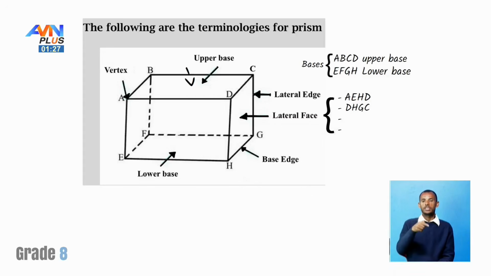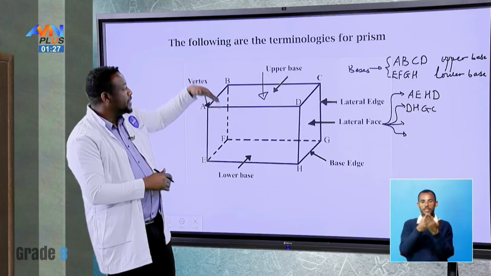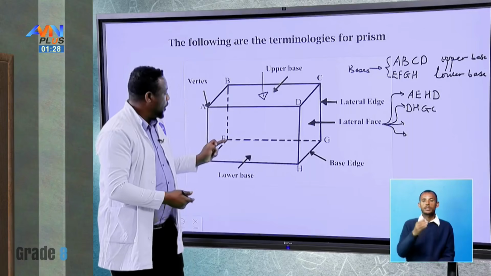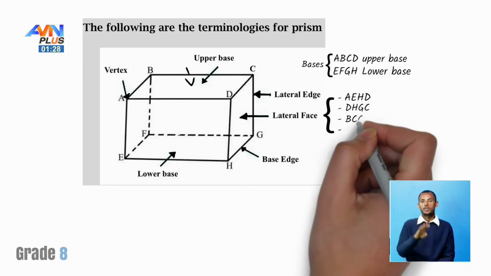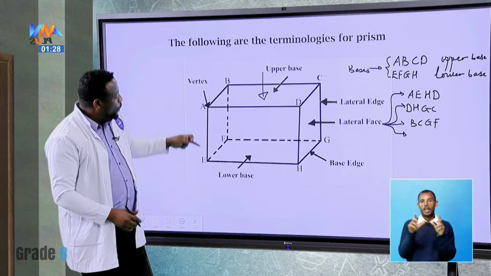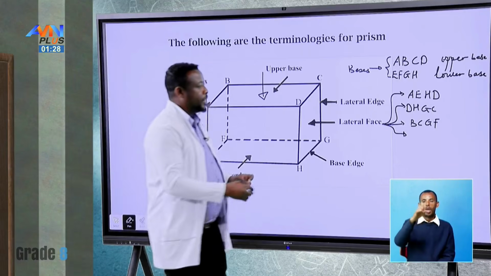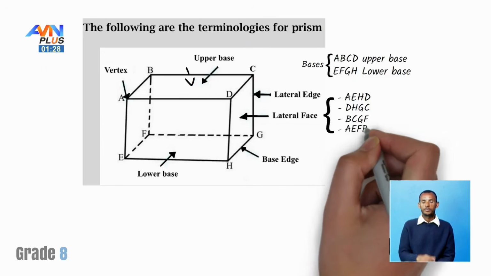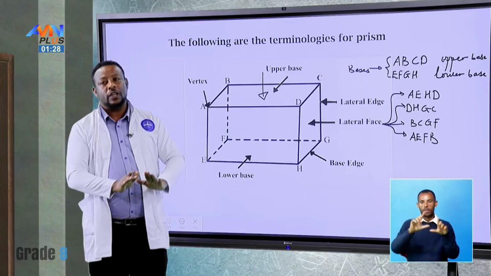The third lateral face in this figure is the back part, which is B, C, G, F. And the fourth one is A, E, F, B. Okay, we do have 4 lateral faces in this solid figure.